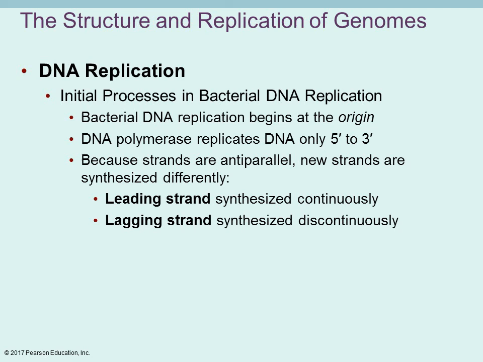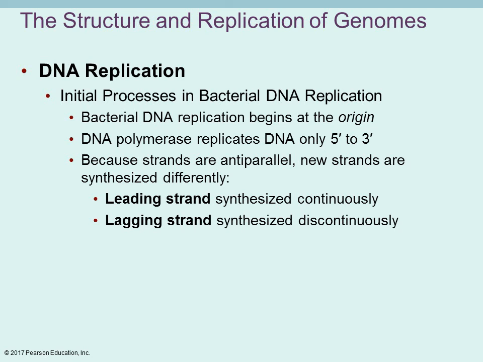Because DNA polymerase can only read in one direction, and the strands are antiparallel, when you use the 5' to 3' strand as a template, the resulting brand new strand will be made in a continuous one long strand.